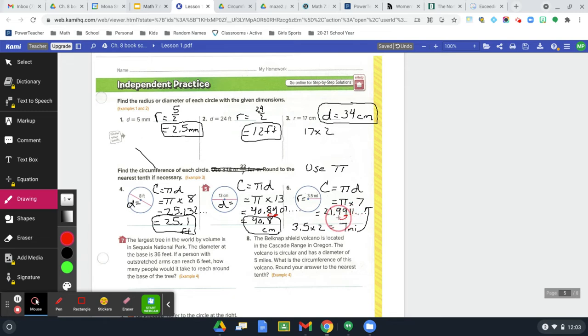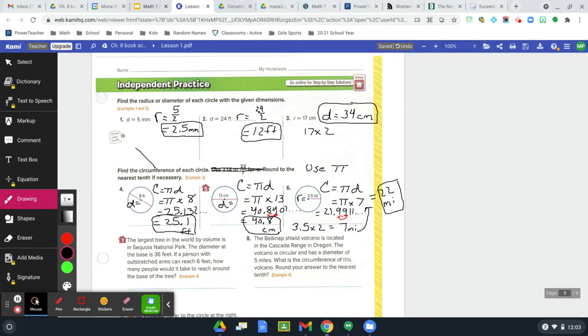That tells me what to do in the tenths, and it tells me I need to round up. So my final answer is 22 miles, your circumference on that circle.